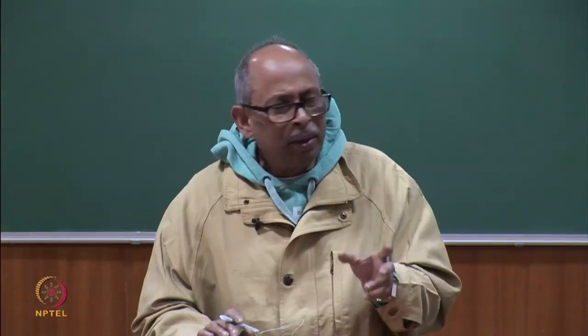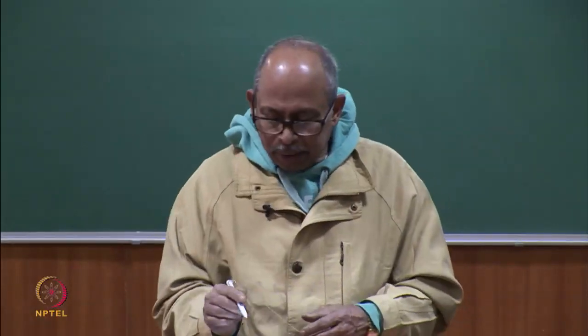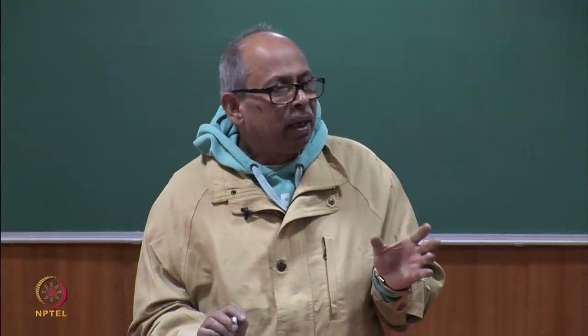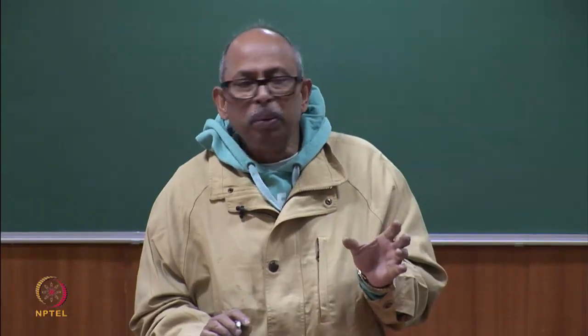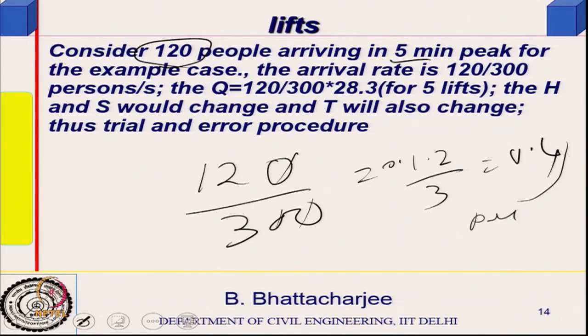Theoretically it cannot be less than one, but for our calculation purposes, we are saying 120 people arrive in 5 minutes, which means 120 by 300 is the number of people per second. So that is the arrival rate, 0.4 persons per second.